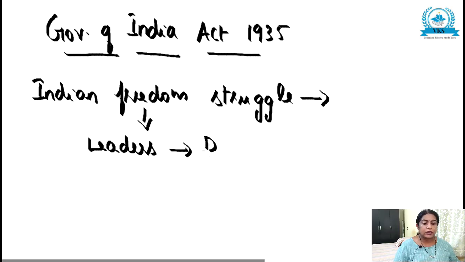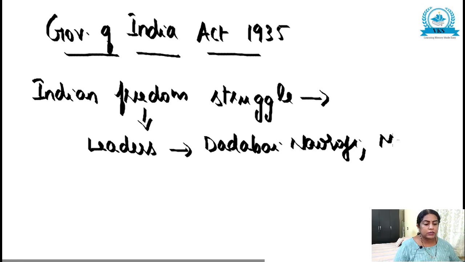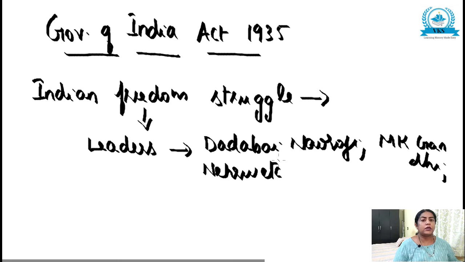So we can say Dadabhai Nauroji was one of the great leaders. Mohandas Karamchand Gandhi, MK Gandhi, then Jawaharlal Nehru, etc. Many leaders were there: Jawaharlal Nehru, Dadabhai Nauroji, Mohandas Karamchand Gandhi, Gopal Krishna Gokhale. All these leaders mobilized the people.